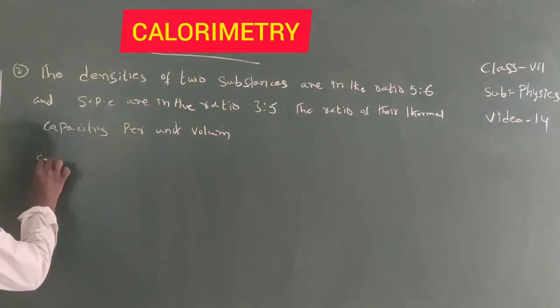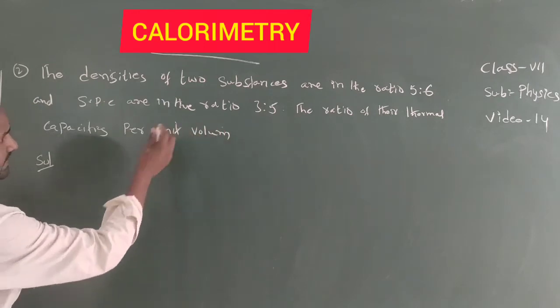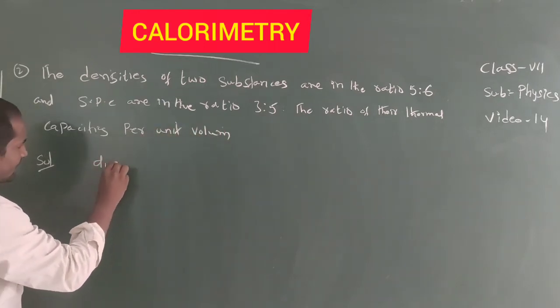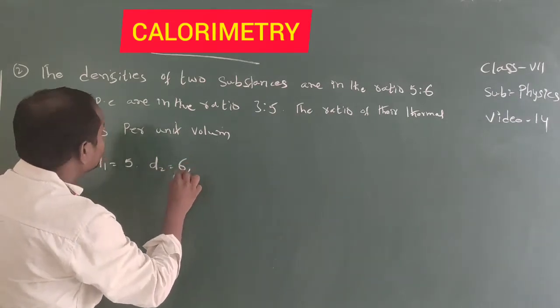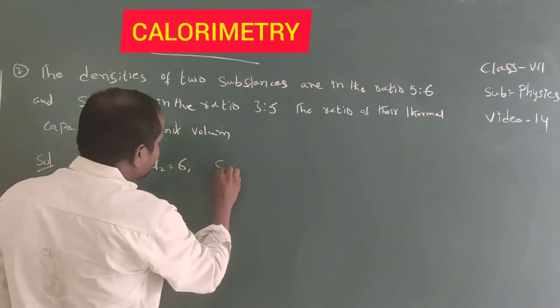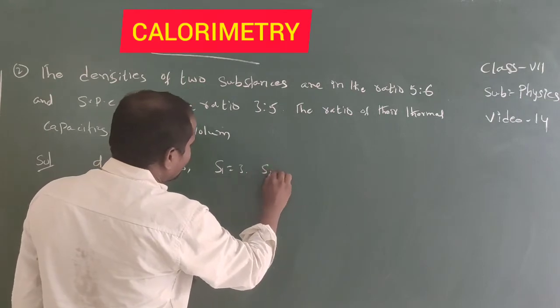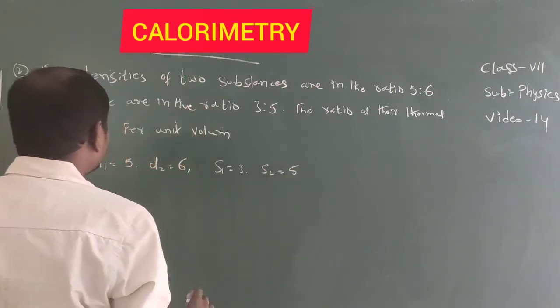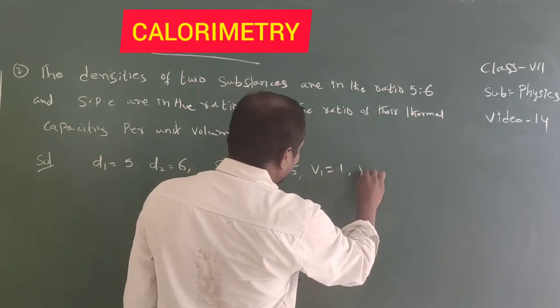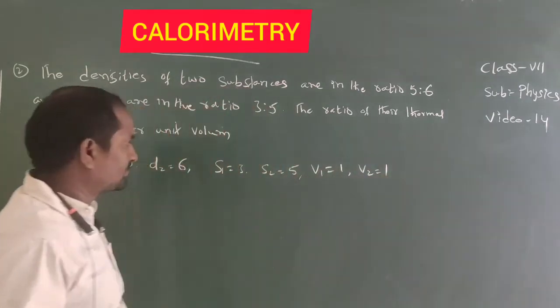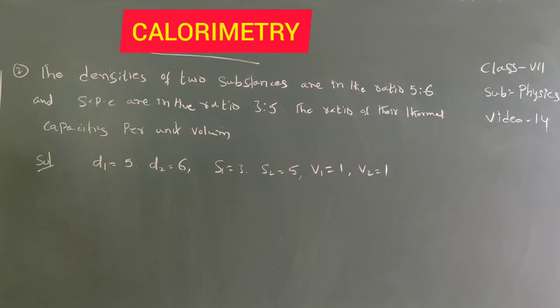Now what are the given values here? A density is given. So here we can write D1 equal to 5 and D2 equal to 6, and S1 equal to 3 and S2 equal to 5. For unit volume means V1 equal to 1 and V2 also 1.